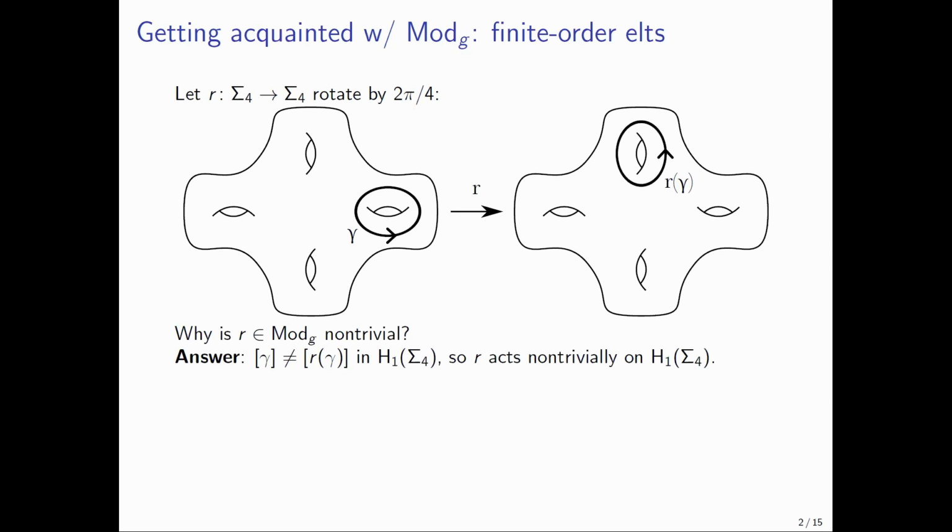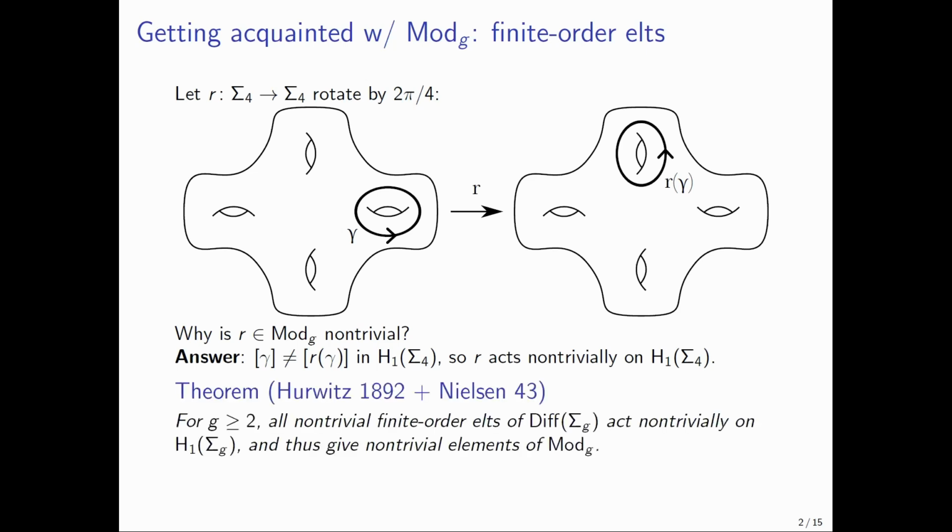So this R is not homotopic to the identity. It defines a non-trivial element of the mapping class group because it acts non-trivially on the first homology group of the surface. Now, R is a finite order diffeomorphism or homeomorphism of the surface, and this technique for seeing that as a non-trivial mapping class is actually the universal one.